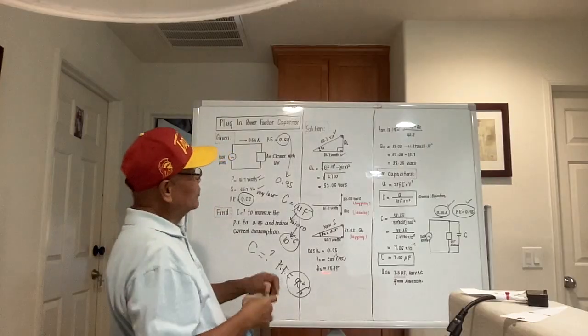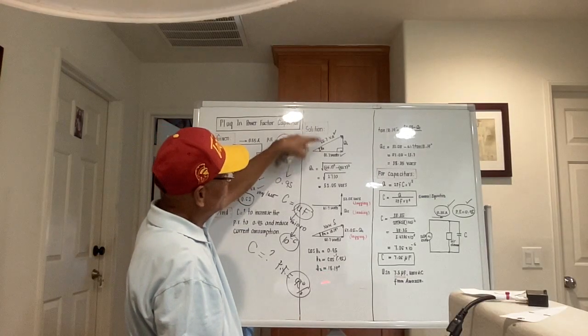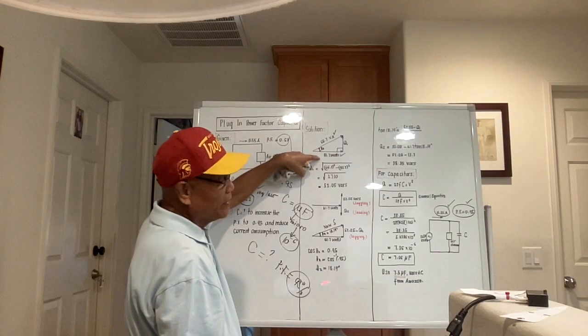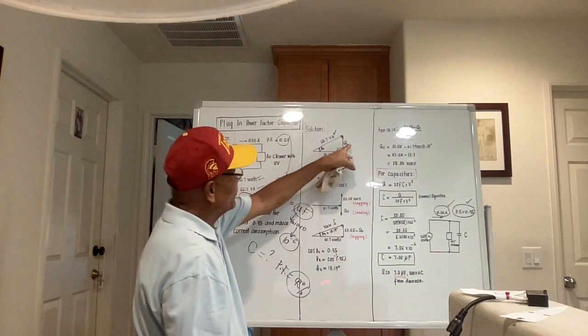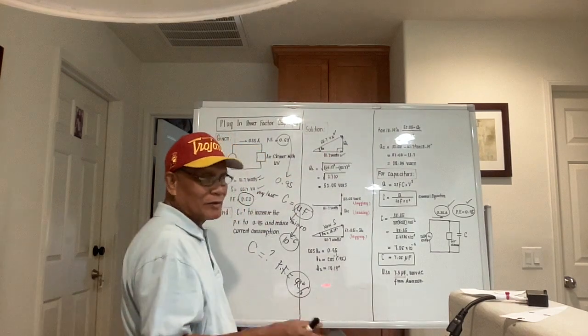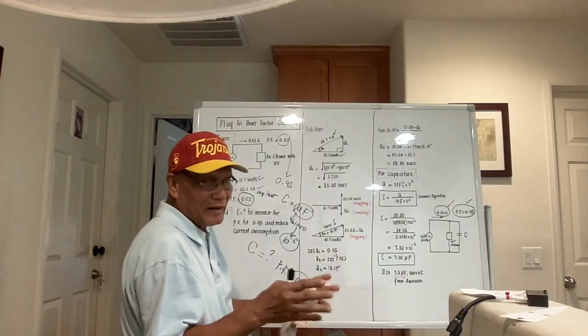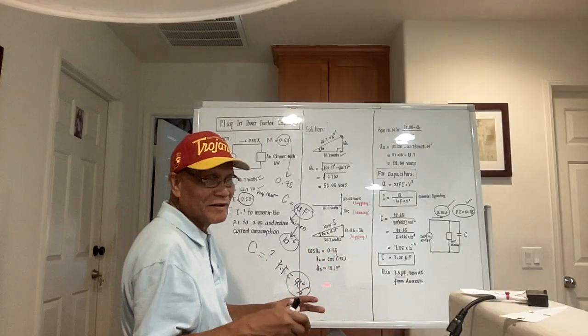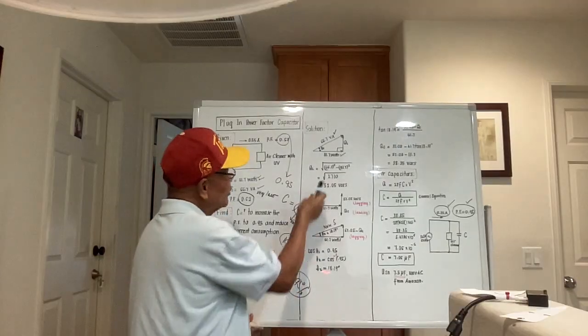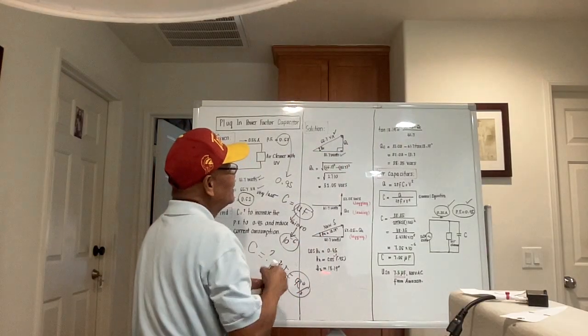So if we know the total apparent power, which is the hypotenuse, and we know the total true power in watts, we could compute for capital Q with the subscript L, meaning the total reactive power of L. L is actually a motor load. L refers to the inductance.